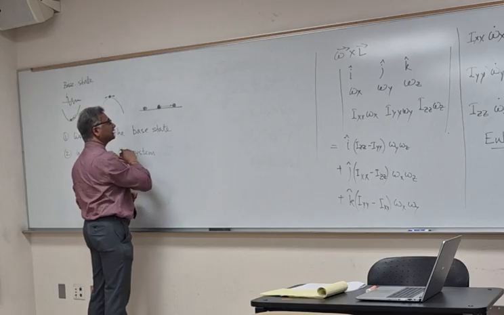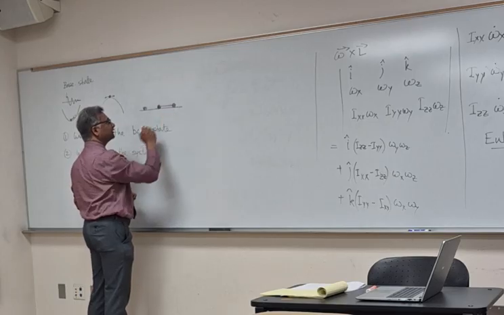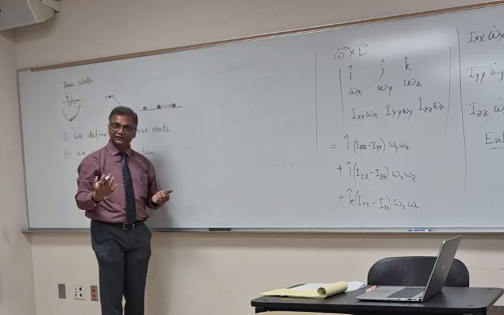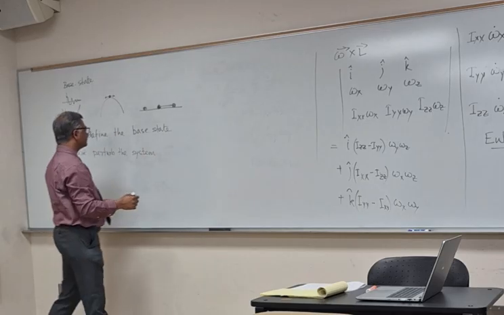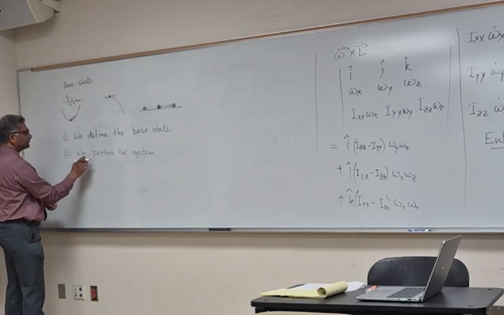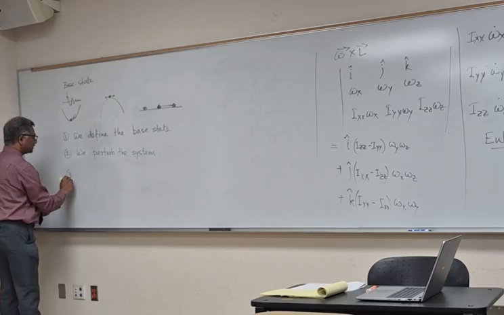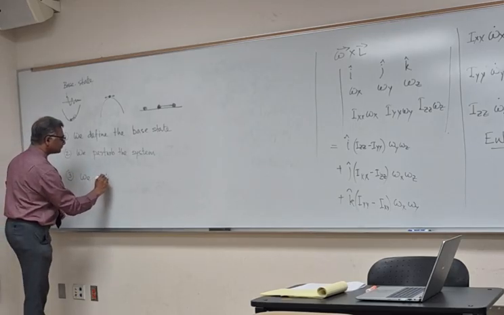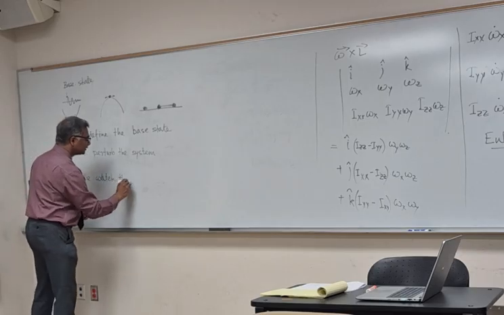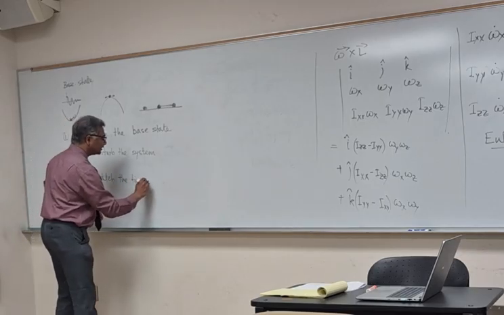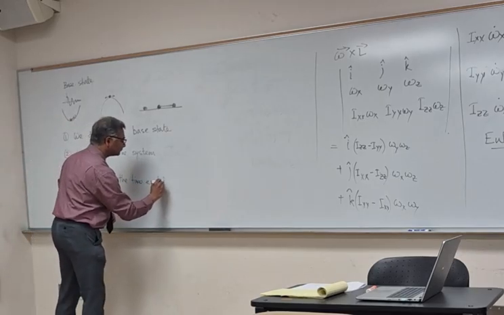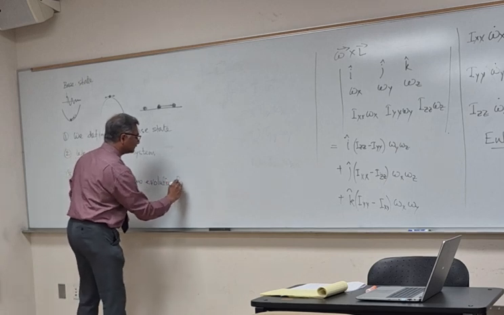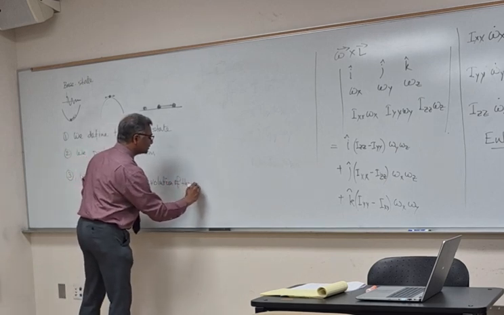We give it a kick or perturb it, it comes to the new position, it's still a stable state. So these are the first steps: we define the base state, we perturb the system, then we watch the time evolution of the perturbation.